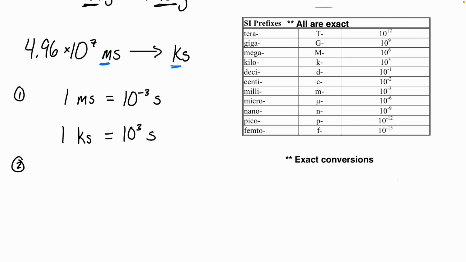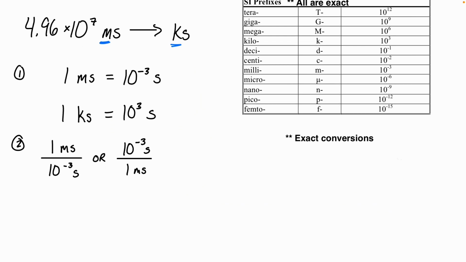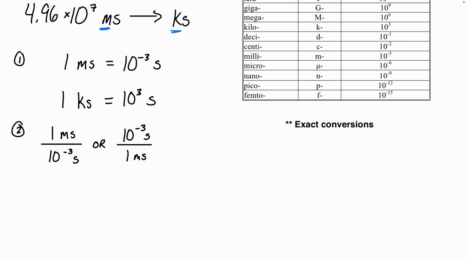So now step 2, I'm going to build my conversion factors from these relationships. I'm going to stack one side over the other. Anytime I get one of these conversion factors, I can take it and flip it. So that's my milli conversion factor. I'm going to do the same thing for my kilo conversion factor.